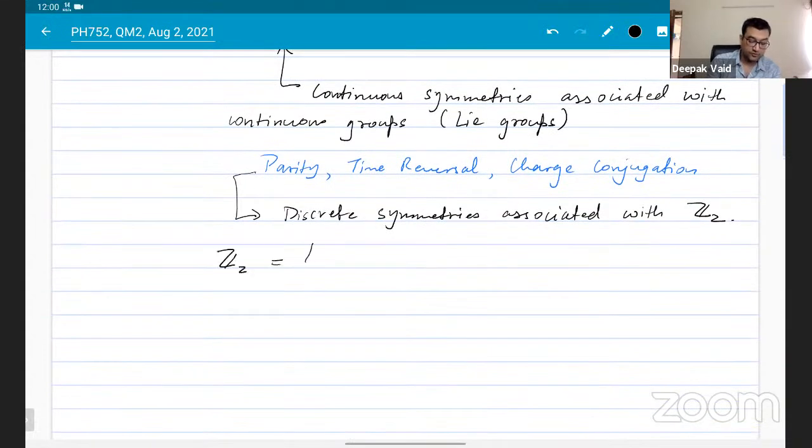So Z2 is a group of two elements. You can call them anything you like. You can call them 1, -1, or you can call them A and B, or you can call them 0 and 1. It doesn't matter.